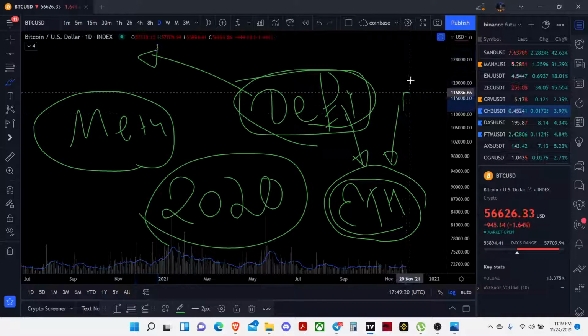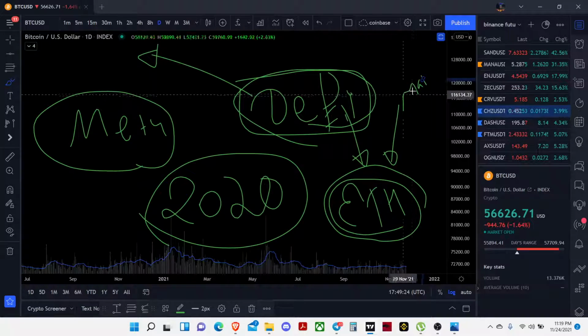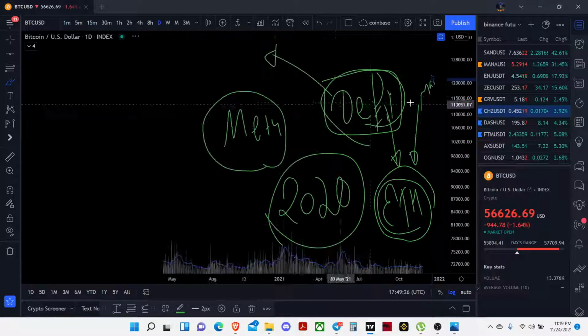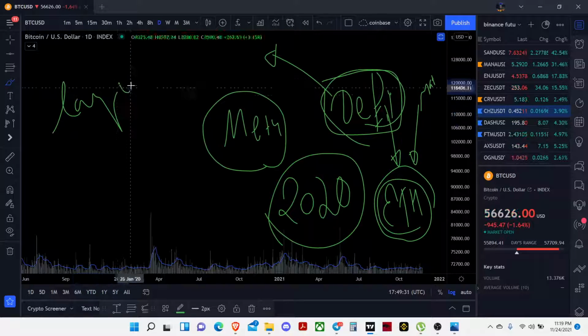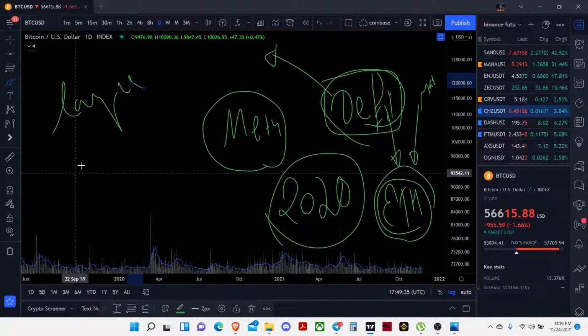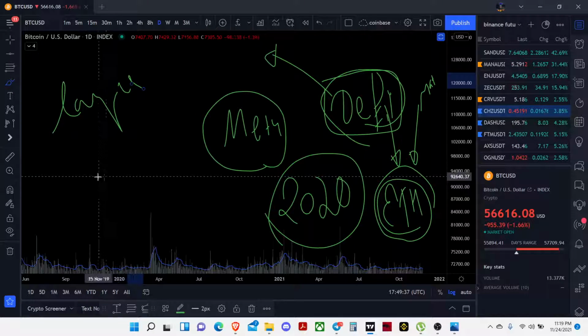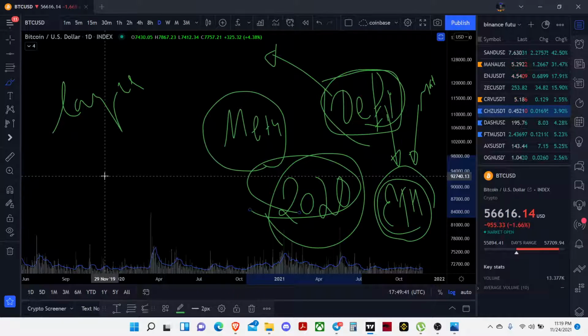So Matic came as a side chain, a layer 2. That is a sidechain protocol, a layer 2 scaling protocol for Ethereum. Matic wasn't launched or listed in 2020; it's actually 2018 or something.